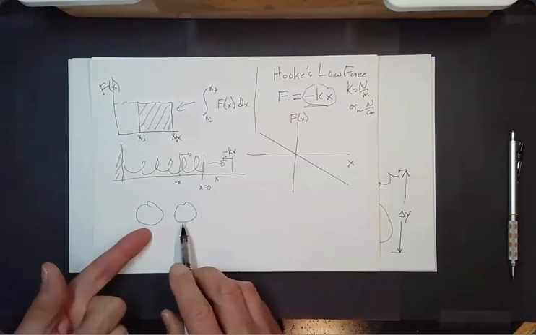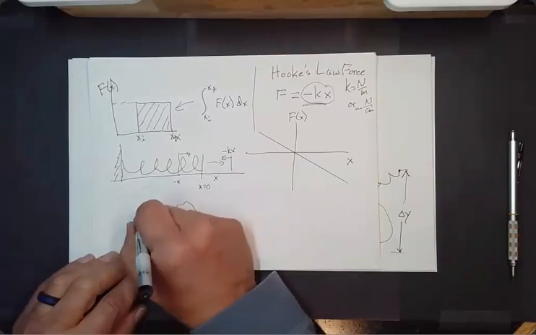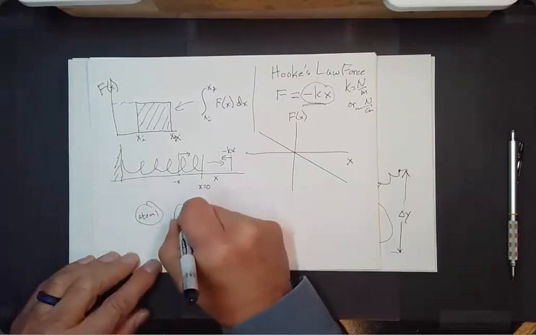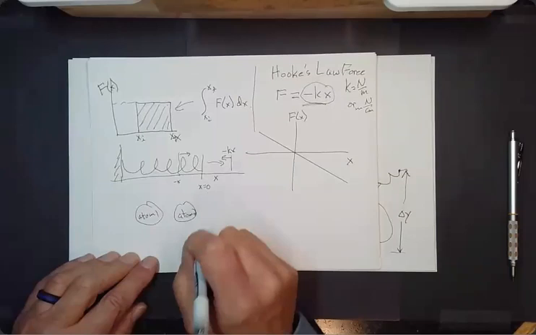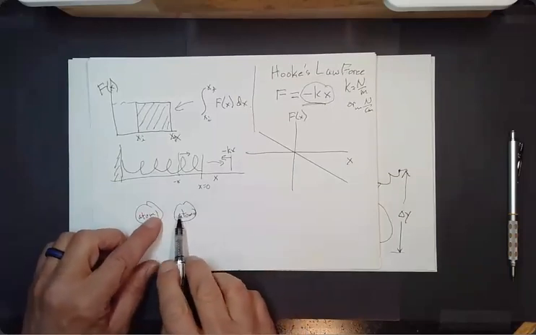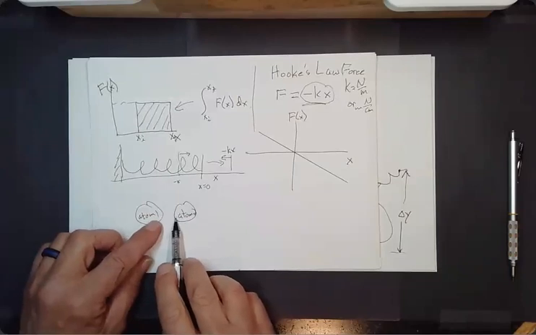One of the forces that does that is if you have atoms that are in a molecule, what's called a diatomic molecule. So this would be atom 1 and this will be atom 2, held together by an attractive force, and they reach an equilibrium position.